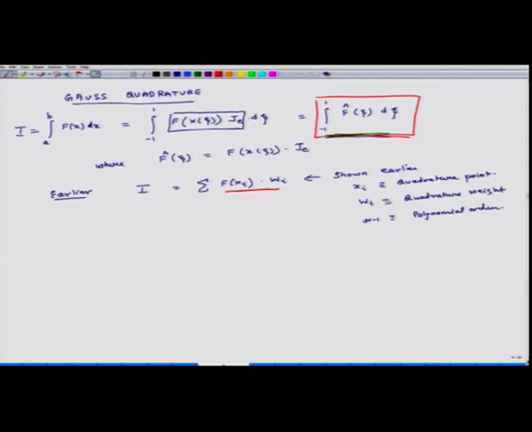For instance, for the trapezoidal rule, the function was f1 times h by 2 plus f2 times h by 2, where f1 was the value of that function at the first node.